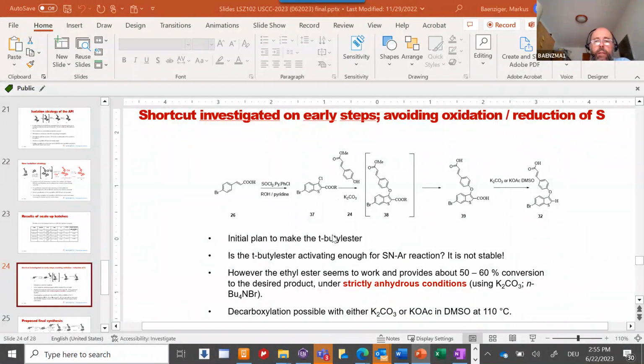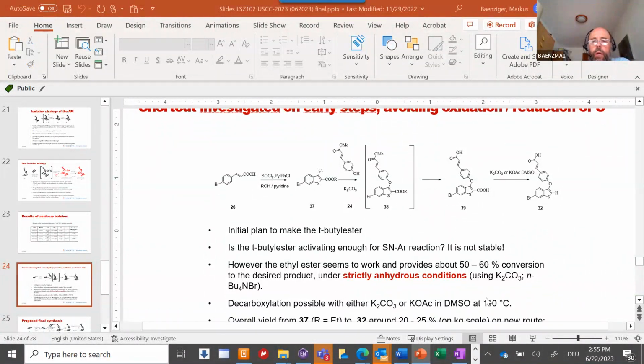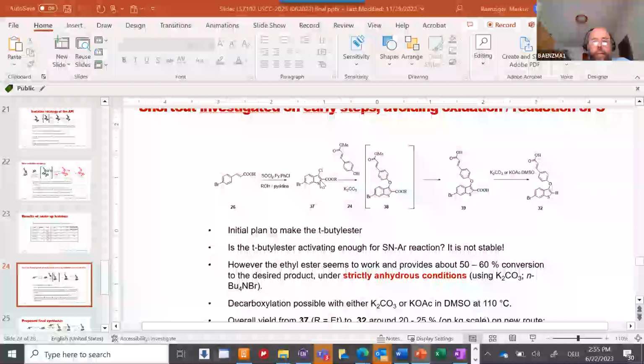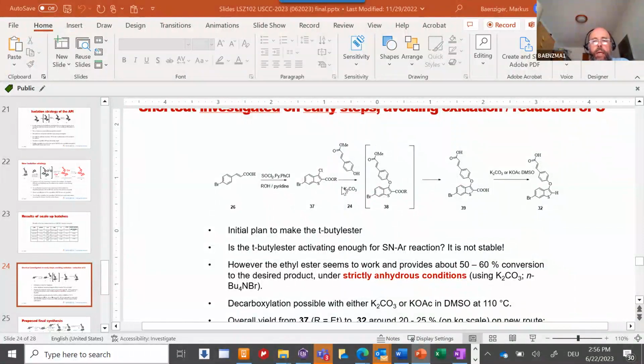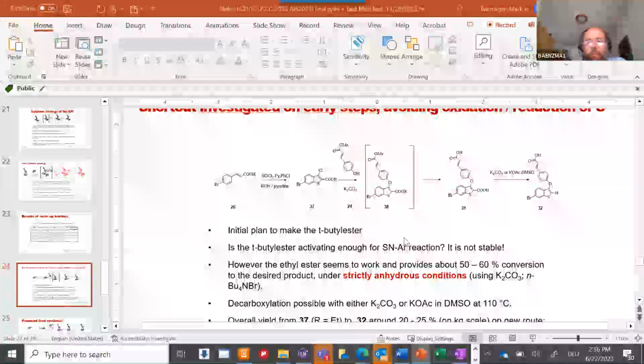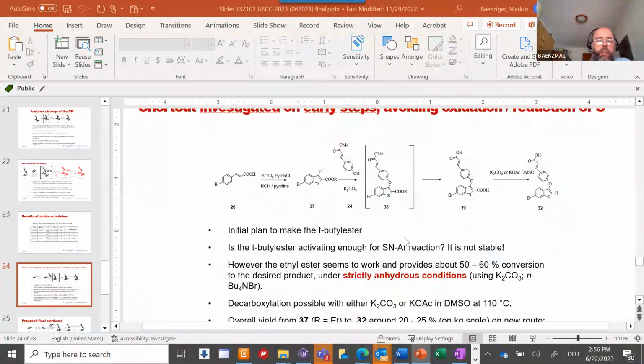We actually wanted to make the tertiary butyl ester, but that was not stable. But finally, as the ethyl ester under strictly anhydrous conditions, using potassium carbonate and tetrabutylammonium bromide in DMSO at elevated temperature, one could make this SNAr using the ester as an activation group, an electron withdrawing group. There were other byproducts formed, but still that was possible.